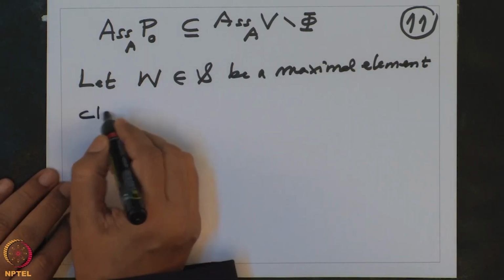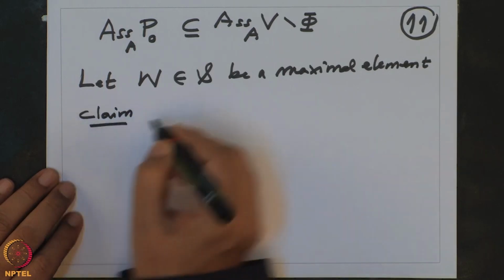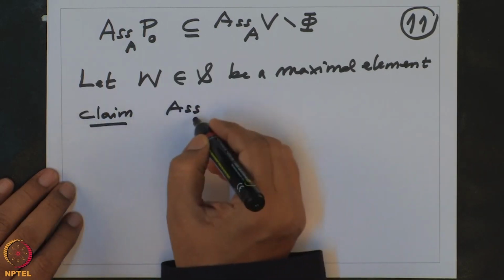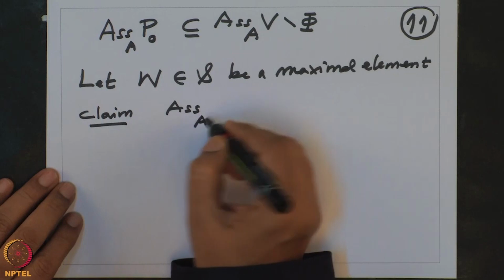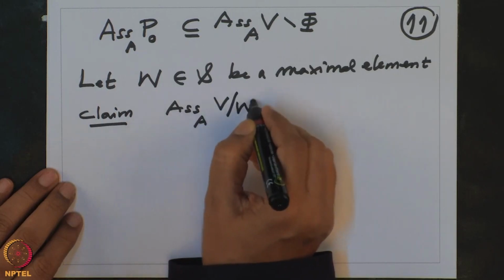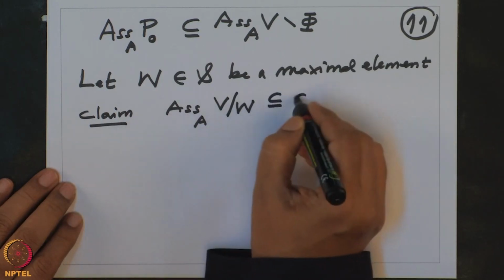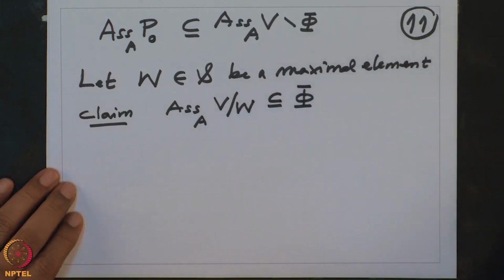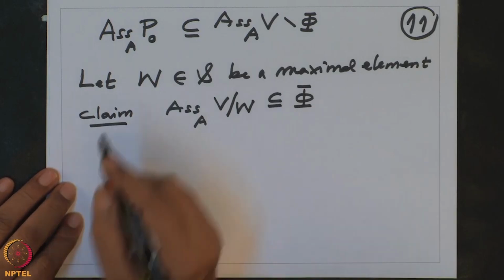So we want to claim that the associated primes of V by W is actually contained in phi. This is what we want to check. Actually we want to prove equality here, but I am checking this first.